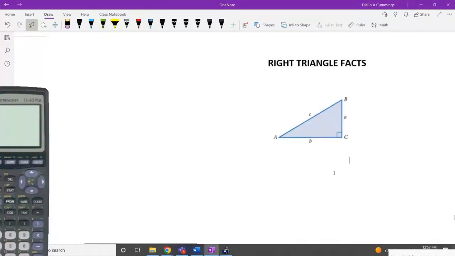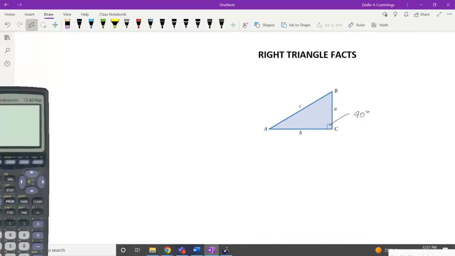That 90-degree angle is denoted by that square. If you don't see the square, it's not a right triangle. But in our class, we're dealing with right triangles. The second fact is, for a right triangle, you have two legs and you have a hypotenuse.